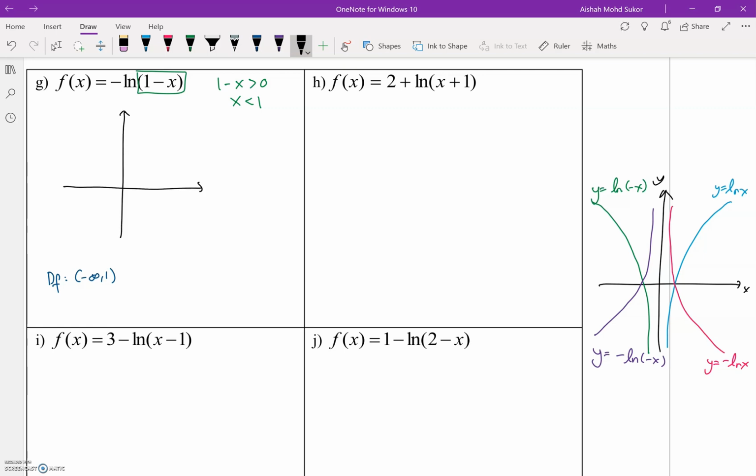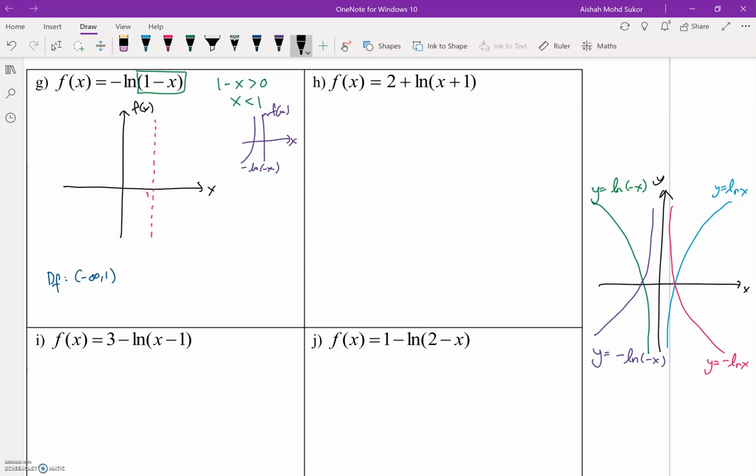So to sketch the graph, we know that our graph must exist at x less than 1. So at x equal to 1, there will be a vertical asymptote. By looking at the function, we have a negative in front of ln and a negative in front of x, so the basic shape will be like this. This is the basic shape for negative ln(negative x).